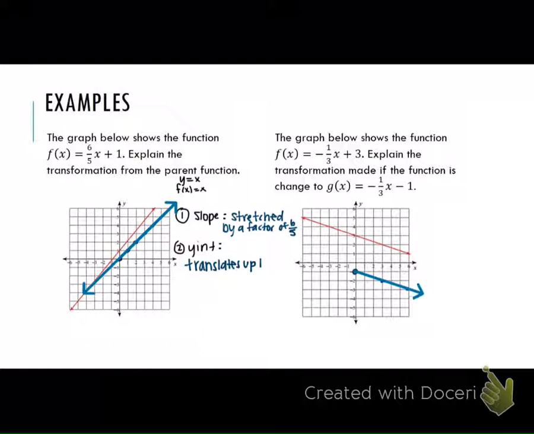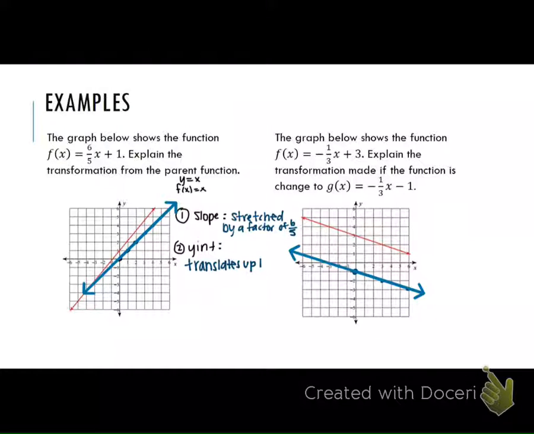Does its slope change at all? Does the slope change? No, they're parallel. What's the change then? How much does it shift from here? Down how many? 4, right? If you count from here to here, 1, 2, 3, 4.